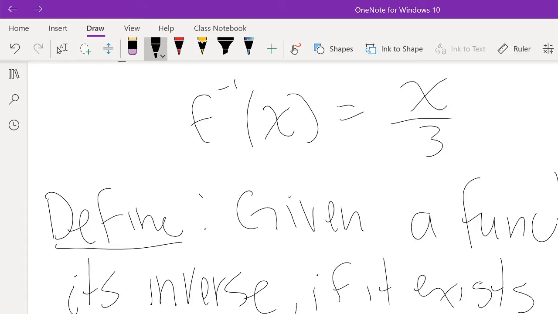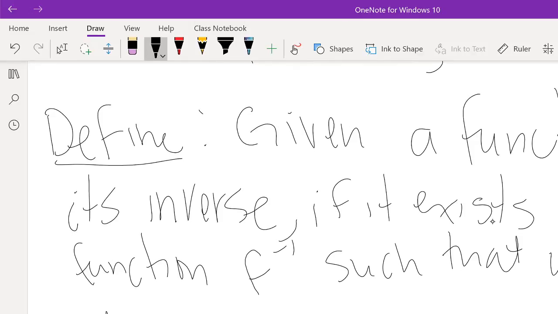Whenever y is equal to f of x, then f inverse of y is equal to x.